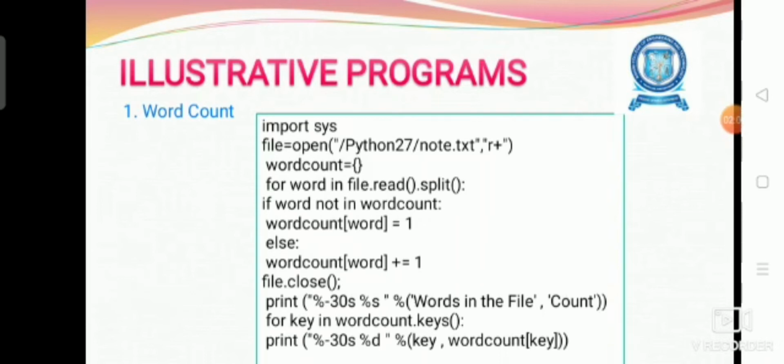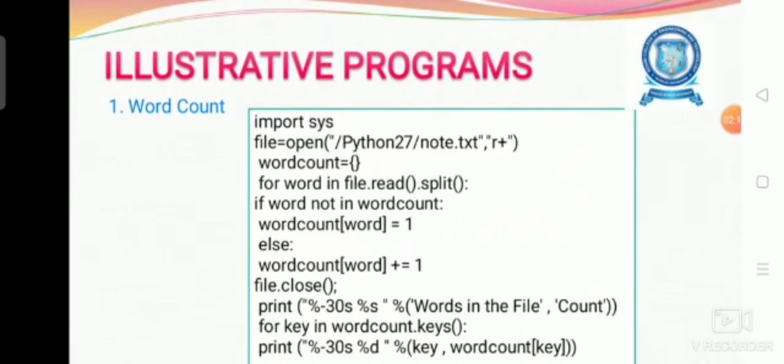So each time we are going to find out the count value of the individual words. For that we are using the for loop: for word in file.read.split.